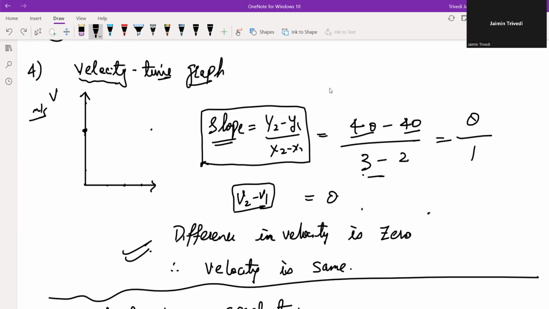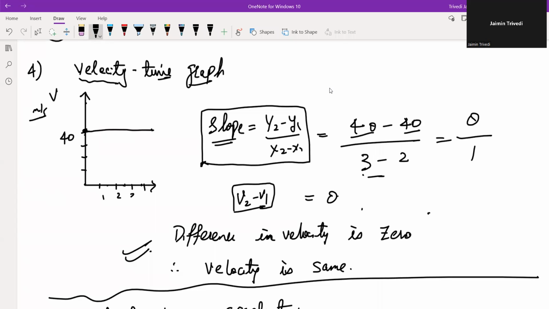Okay. So I took 4 points here. I took 40 here. So this graph shows velocity is constant here. So 1, 2, 3, 4.